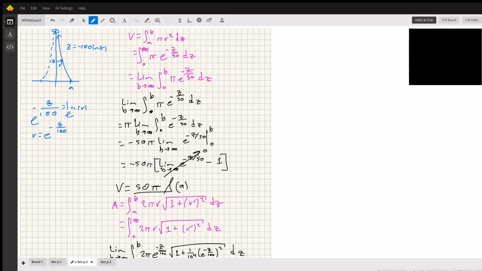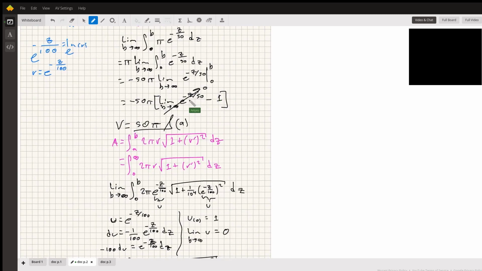Basically, this is the description of the solid of revolution, which depicts the tower that we're talking about in the problem. I did it in three-dimensional space, calling z the height and r the radial distance for the revolution. In pink, I have the formula for the disk method, and the black ink is all the algebra.